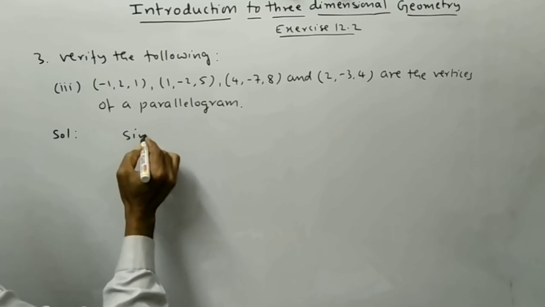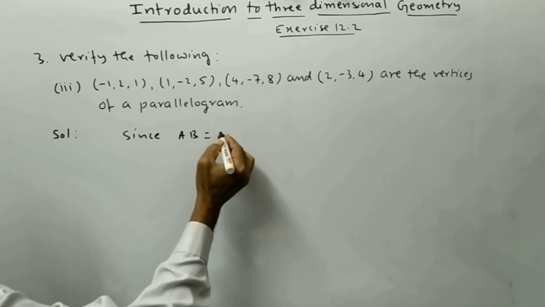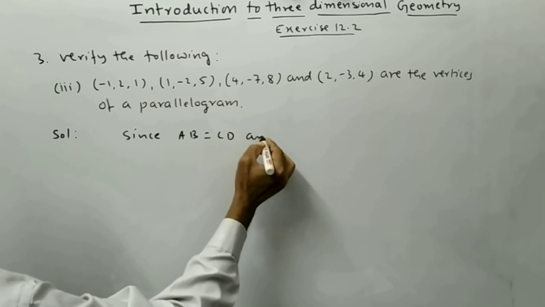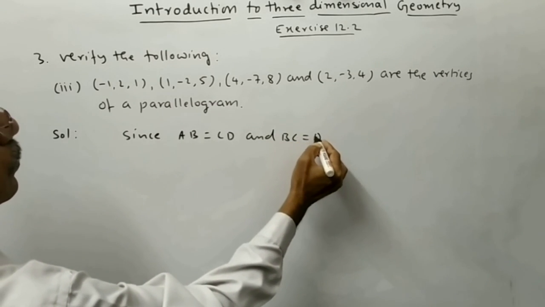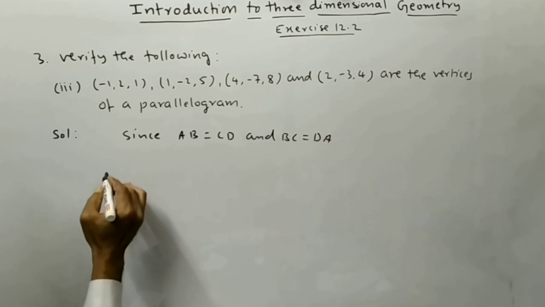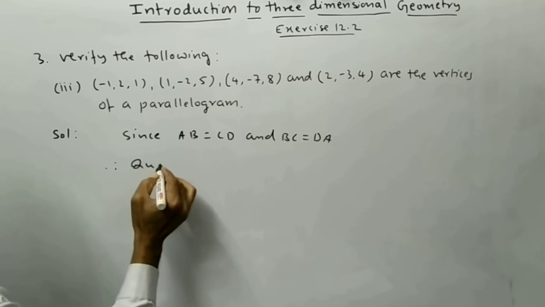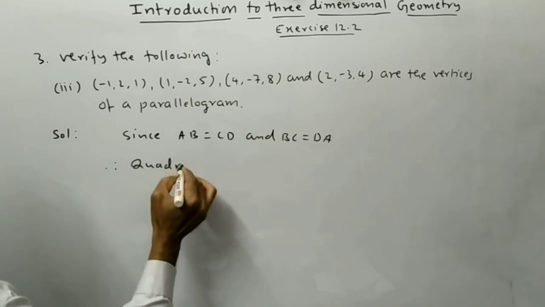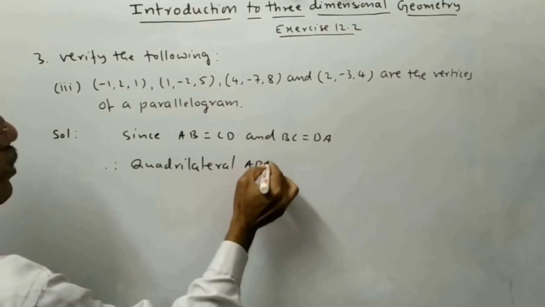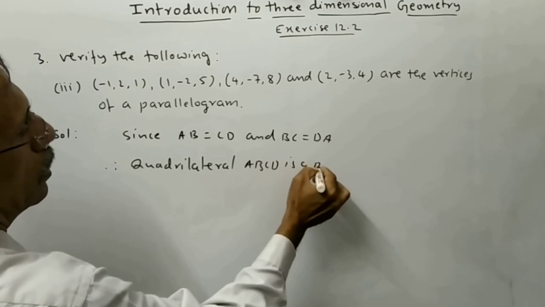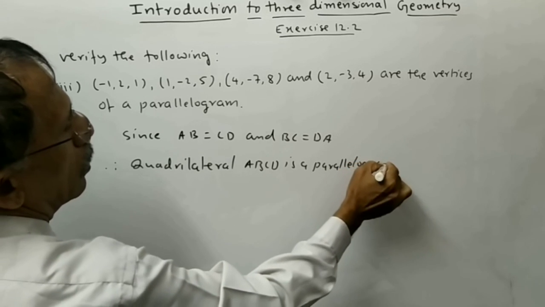Since AB is equal to CD and BC is equal to DA, therefore quadrilateral ABCD is a parallelogram.